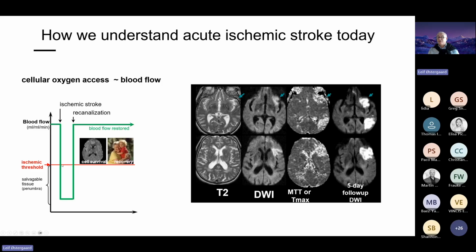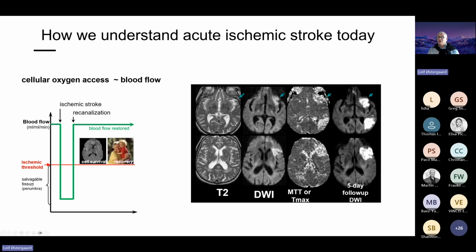That means that the patient gets the acute symptoms that are characteristic of a stroke. But what is equally important is that tissue can actually sustain this, keep alive even though blood flow is low, at least for a while. We call that area the ischemic penumbra.